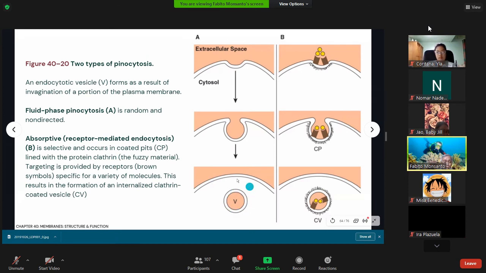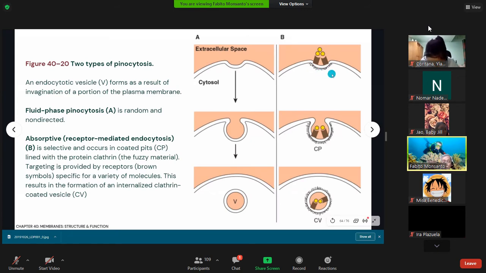Okay. There's another form, because this is known as fluid phase pinocytosis. And the other one on the other side, this one here, absorptive receptor mediated endocytosis. Now the thing here is that the invaginated portion has proteins like a brush.